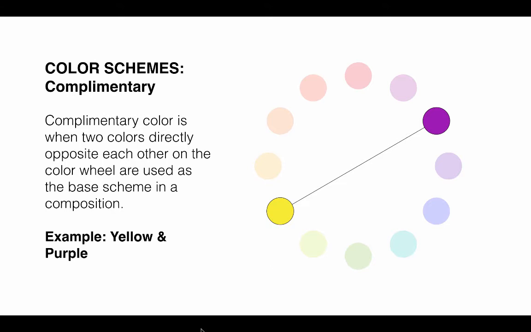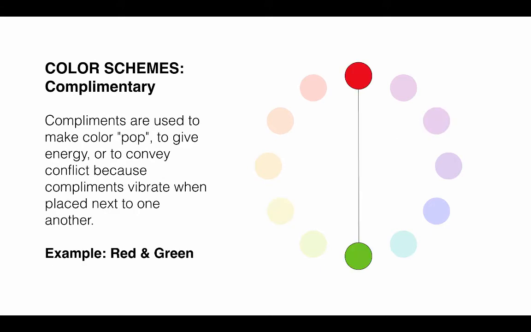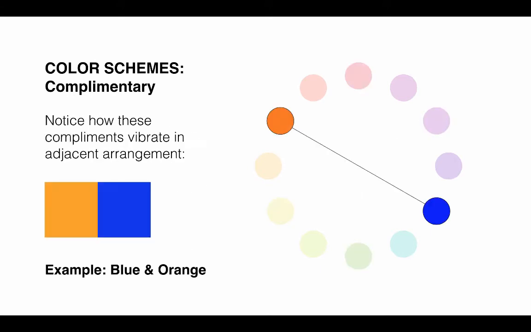So, for instance, purple and yellow are complements, red and green are complements, orange and blue are complements. These are really standard complements, and you'll notice in this case that these are primary colors that I'm using, and the primary will always have a secondary complement, which is a little bit interesting.